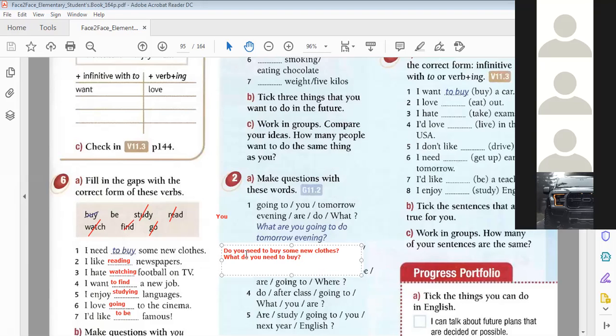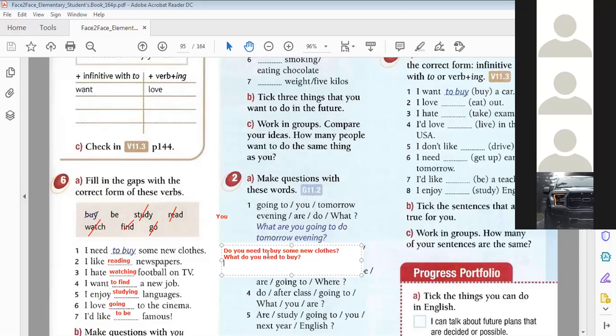Okay, Hannah, what about the second question? Number 2, make it into a question. I like reading newspapers. What do you need to read? Why need? Use the same verb that is in the sentence. Okay. What do you like to read?